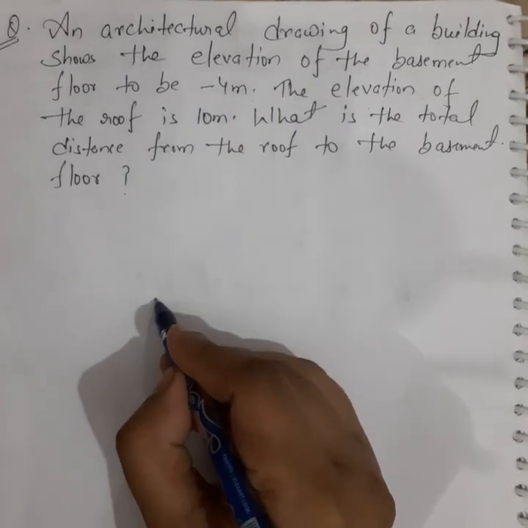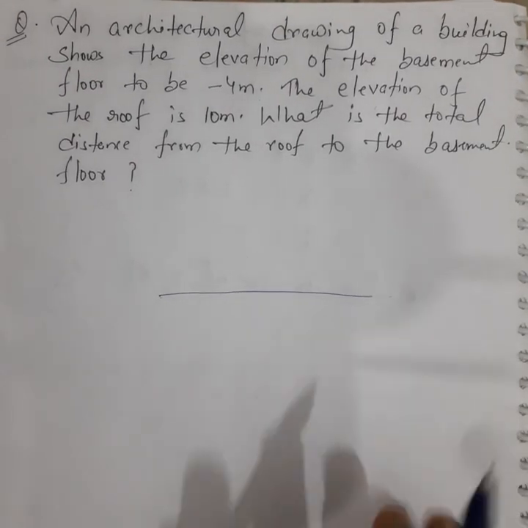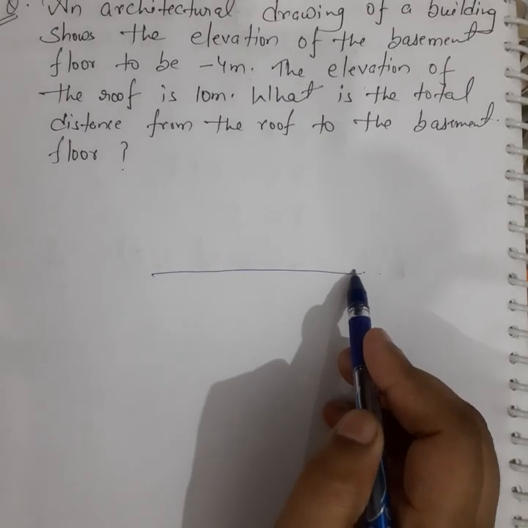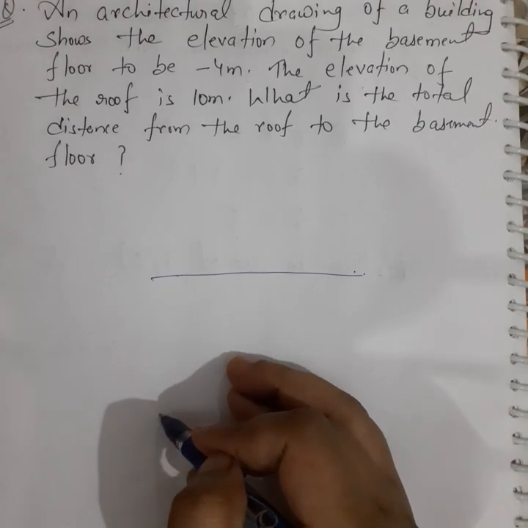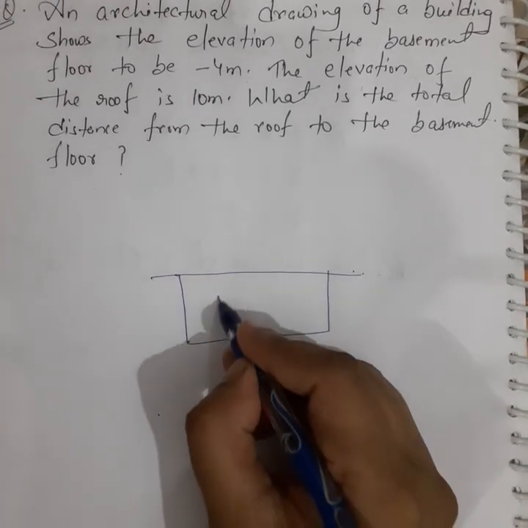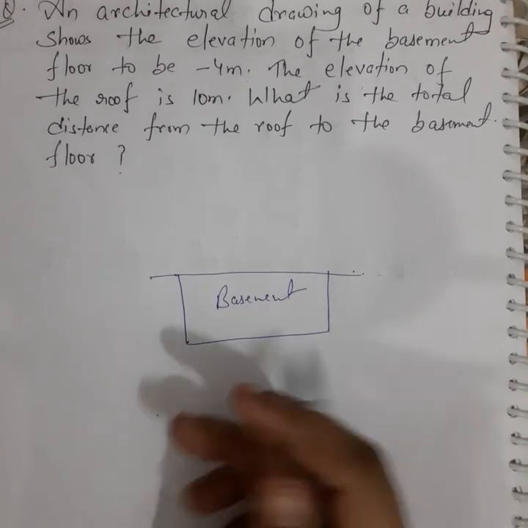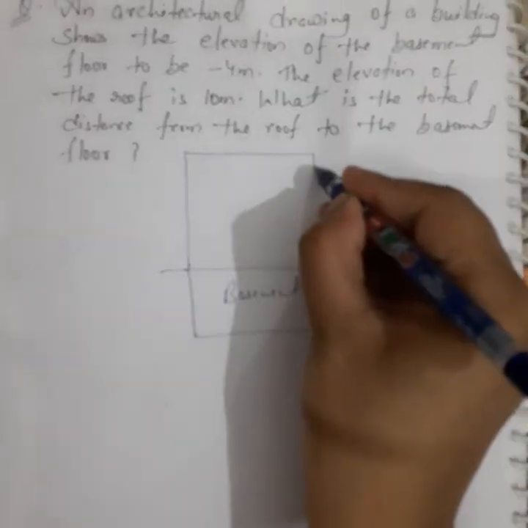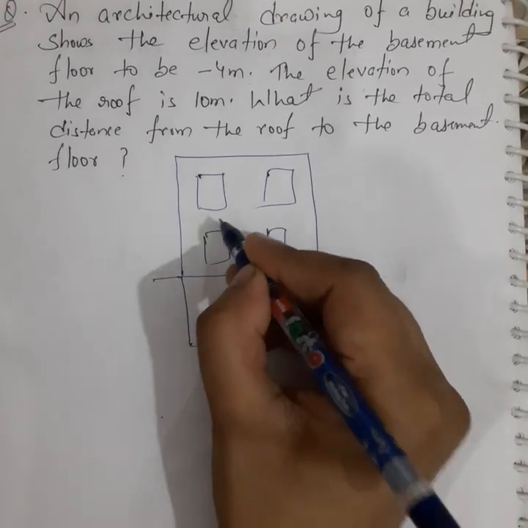So student, if it is the ground level, then the basement is below the ground. So this is the basement and the building is upside of the ground level. So it is the building.